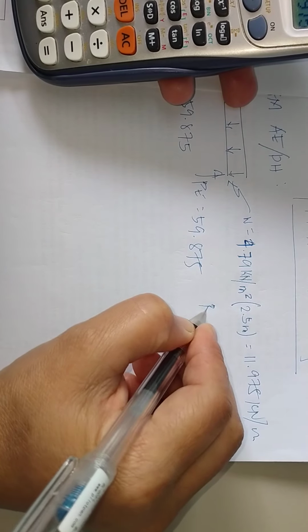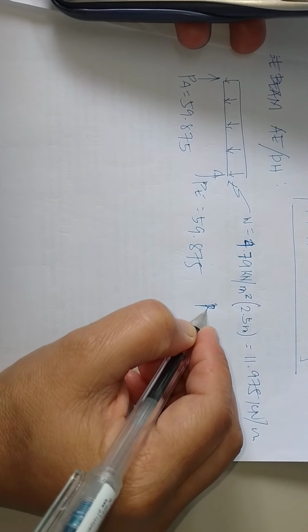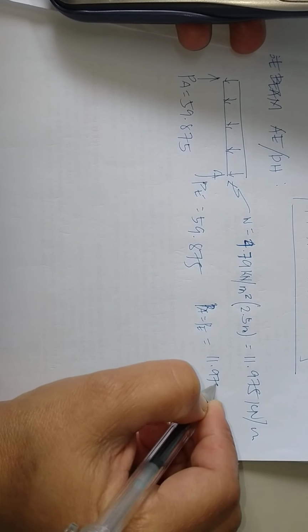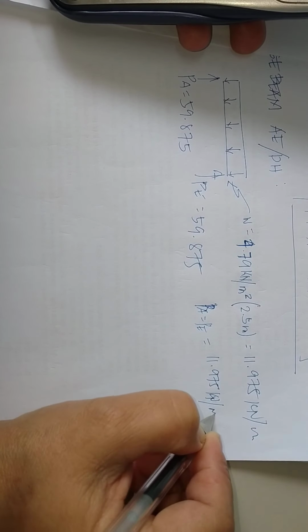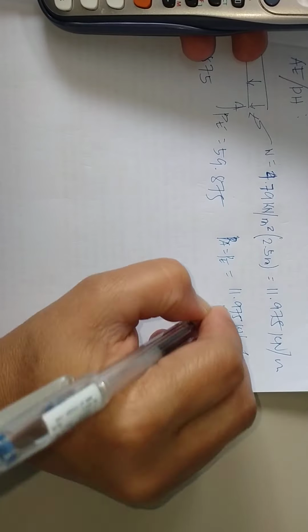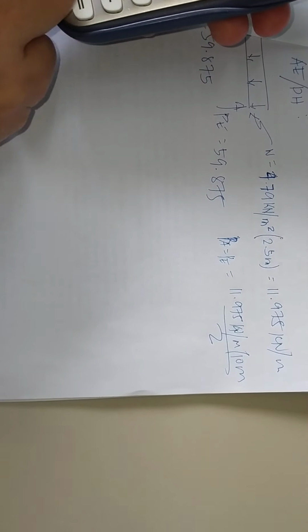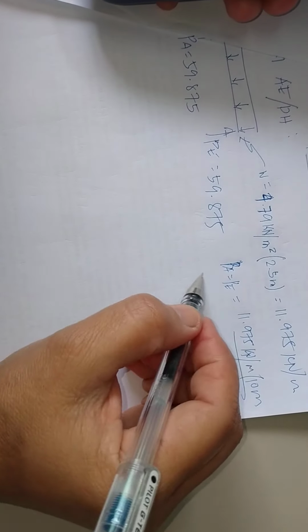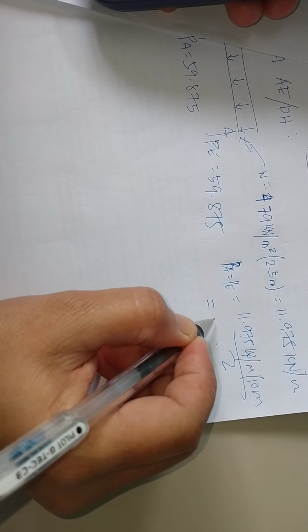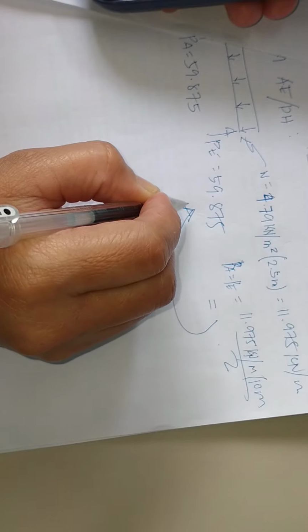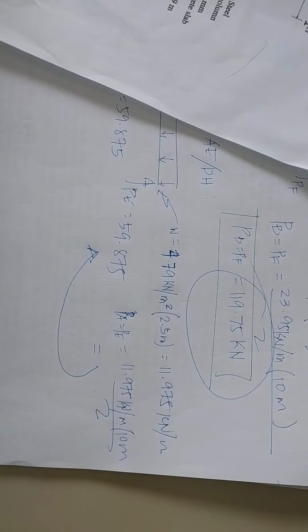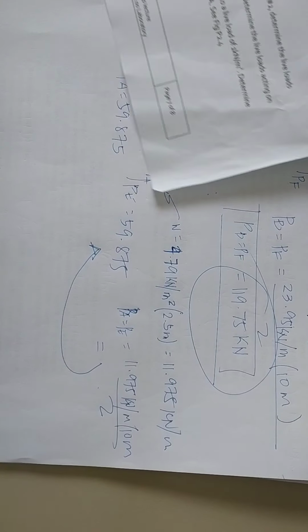So getting the reaction, or PA equals PE is equals 11.975 kilonewton per meter multiplied by 10 meter over 2. That is the answer, 59.875, half of what we get from the center beam.